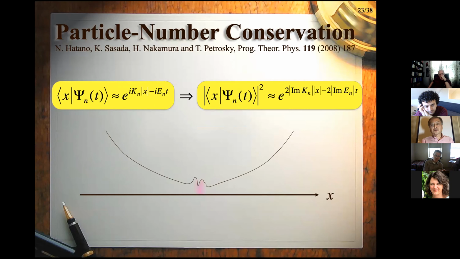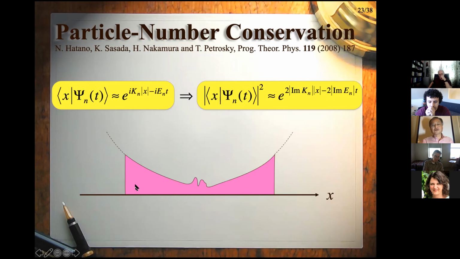So in the resonance state, suppose we integrate the probability density over this finite range, and so compute the probability that lives inside this finite range. Of course, it continues outside, but just restrict yourself to this finite range.